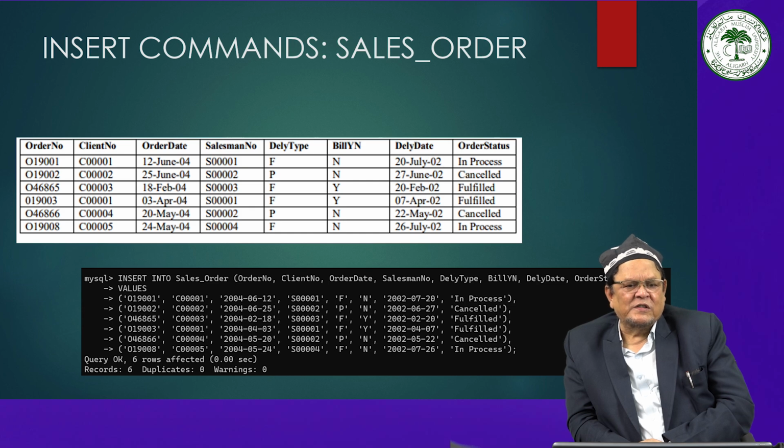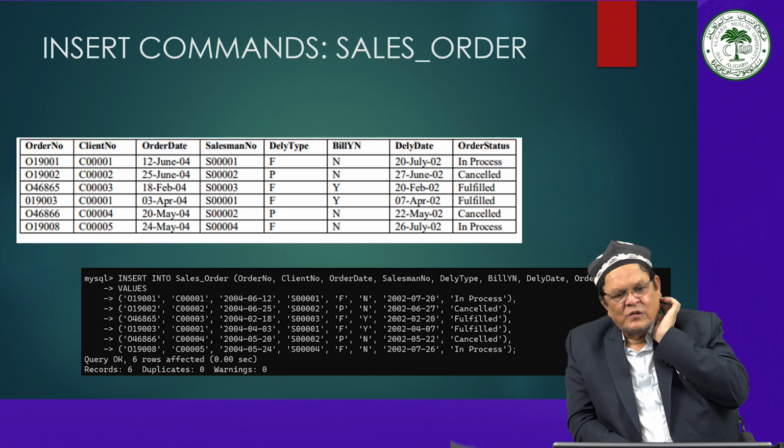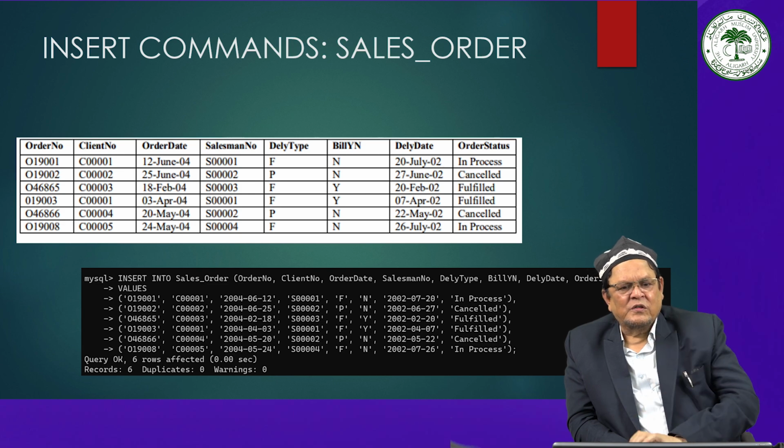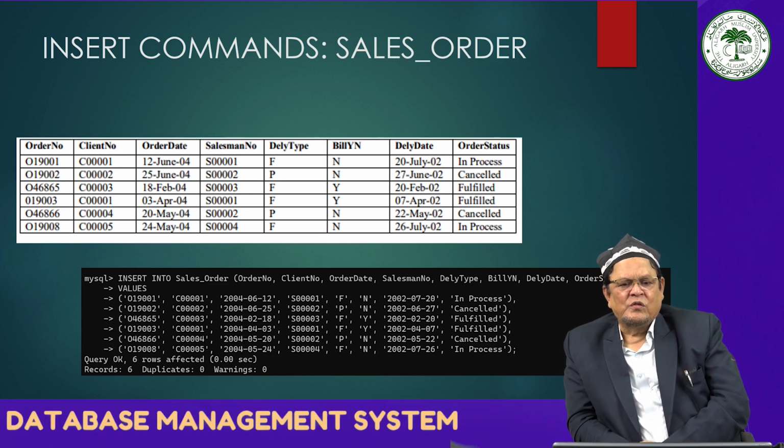Here the first is O10011, comma, C001 within quotes. Then the order date is 2004-06-12, June, like that.